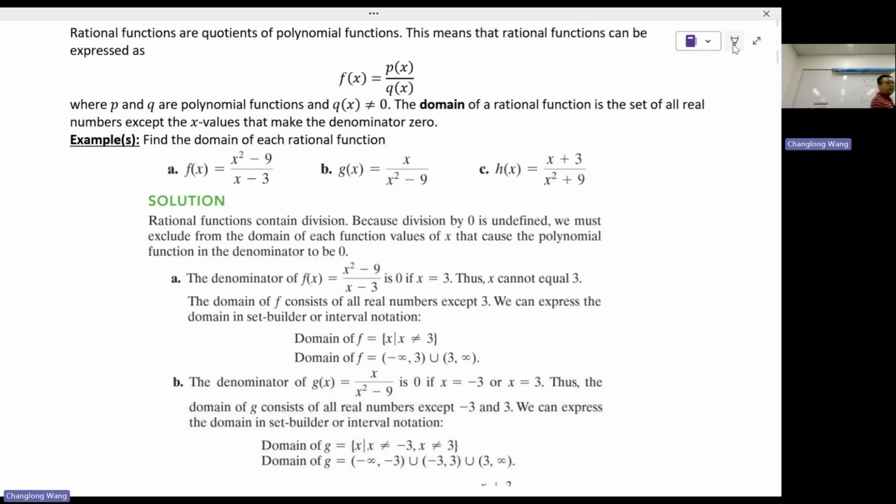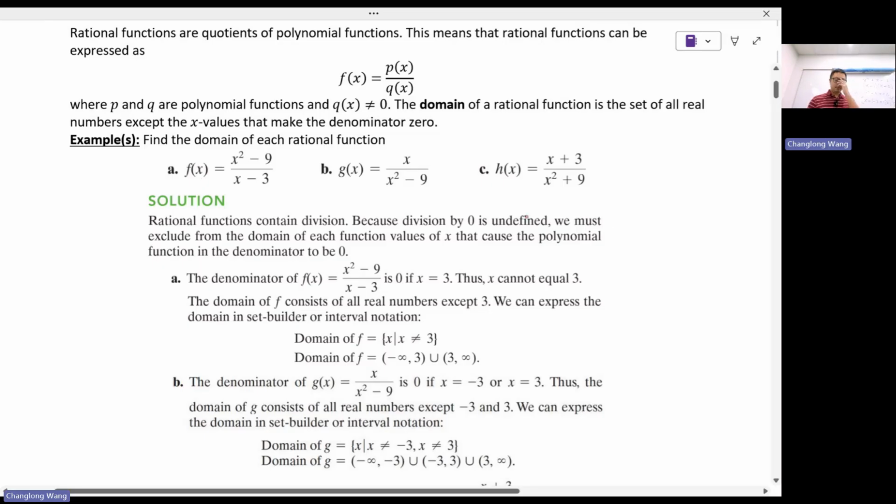As you can see in letter A, there is a pole located at x equal to 3. The poles are nice to look into when it comes to the graph, but you need to rule them out from the domain. So it's all real numbers except for x equal to 3. That gives the domain of the first example here.